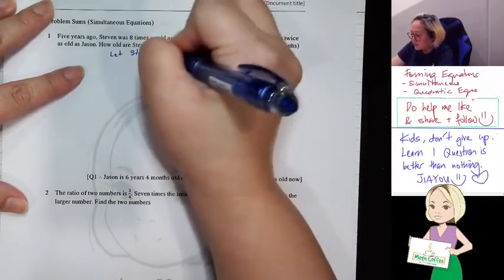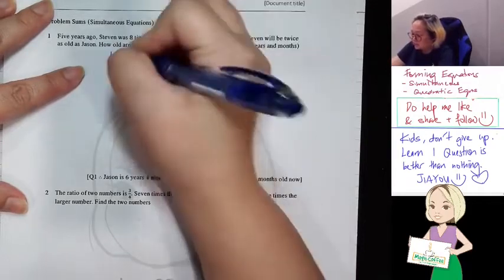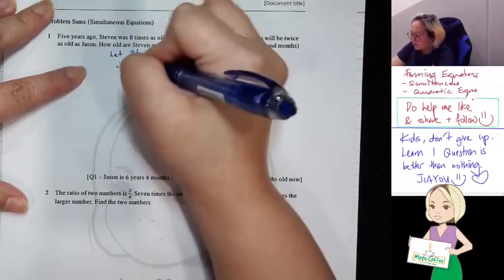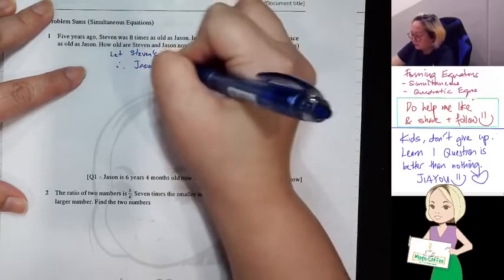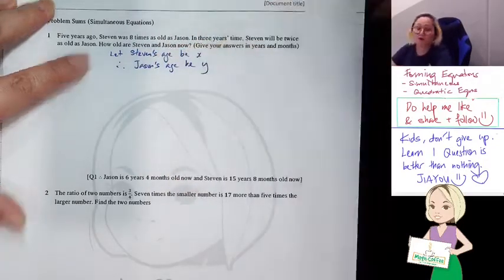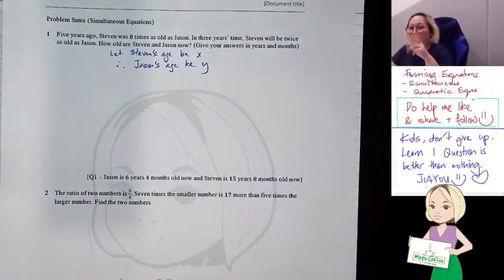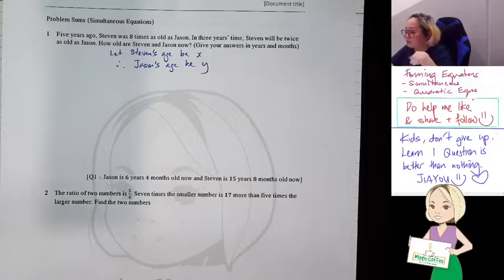Of course, you can let Jason be X and Stephen be Y also, no problem. Just after you decide who's X and who's Y, when you form the equation, just form it accordingly.